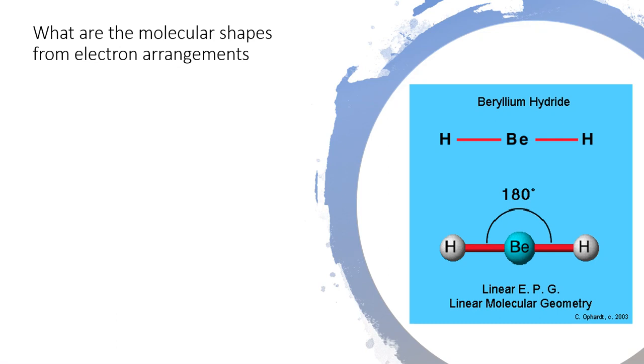Let's look at some examples. So, what are molecular shapes from electron arrangements?